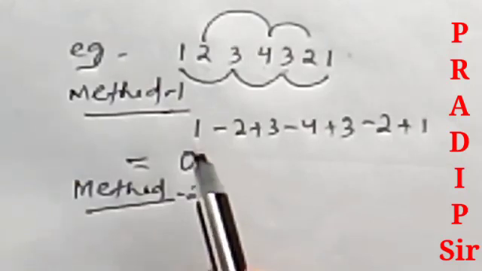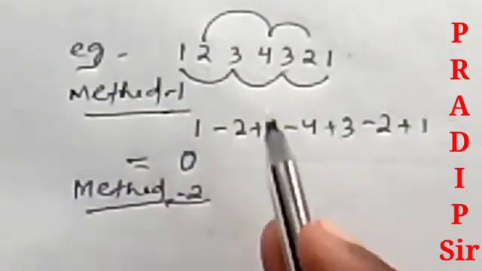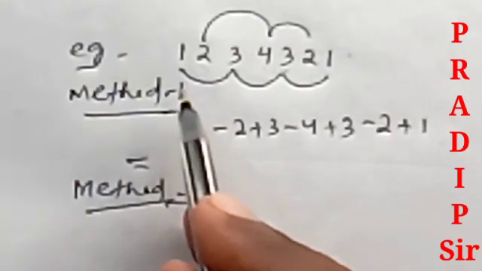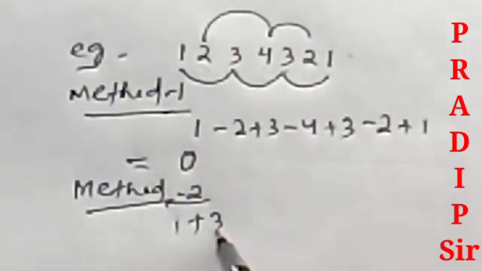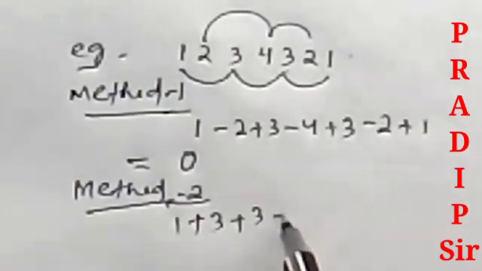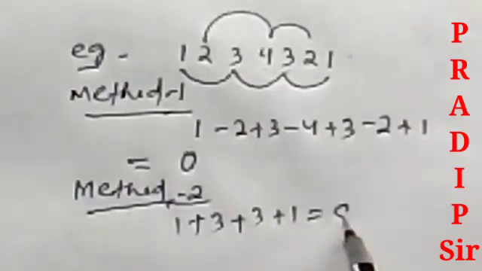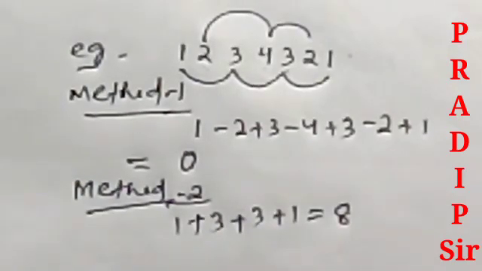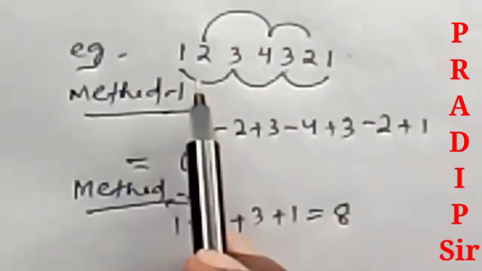So we have to add the digits in odd number positions: 1 plus 3 plus 3 plus 1. This is 4 plus 4, which is 8. First add the digits in odd positions, then add the digits in even positions.